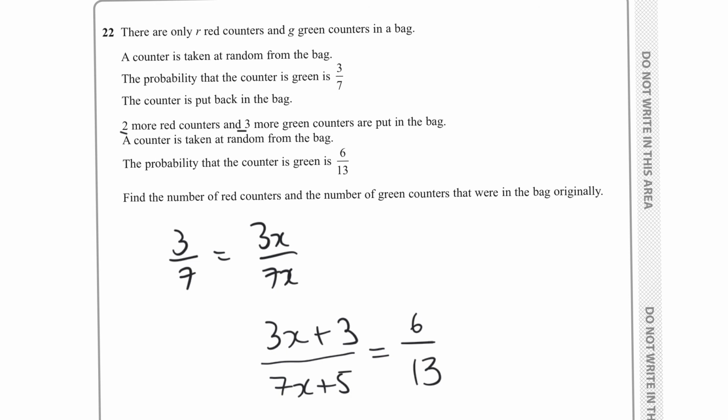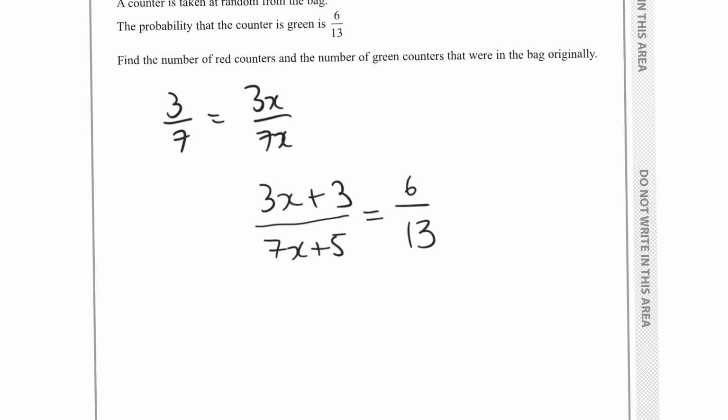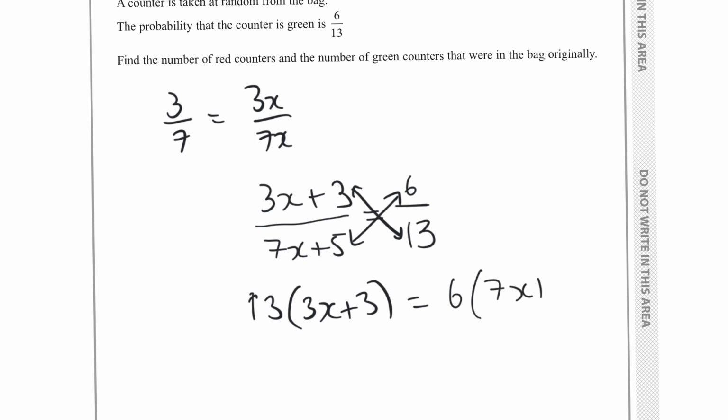So what we're going to do is rewrite this. How we could rewrite it is if we cross multiply. So cross multiplying would be multiplying this numerator by this denominator, this numerator by that denominator. So that would be 13 times the 3x plus 3 equals the 6 times the 7x plus 5. Expand your brackets, so you end up with 39x plus 39 is equal to 42x plus 30.